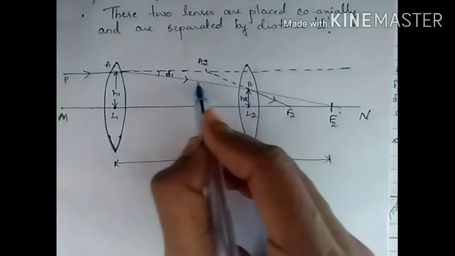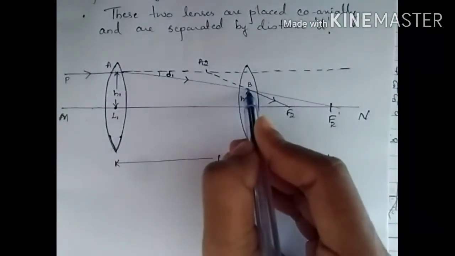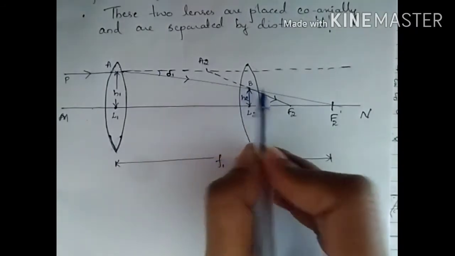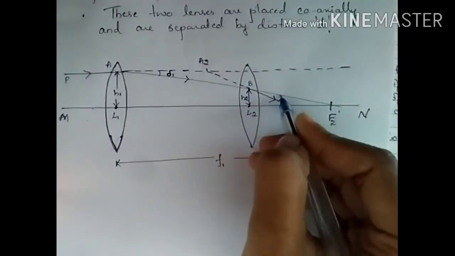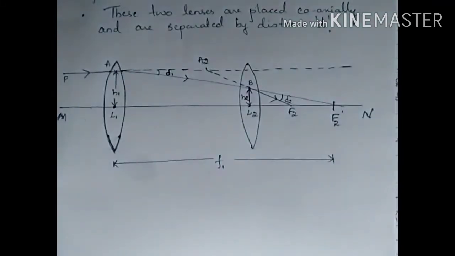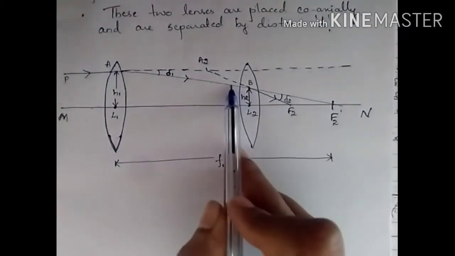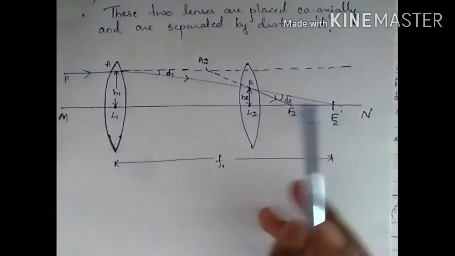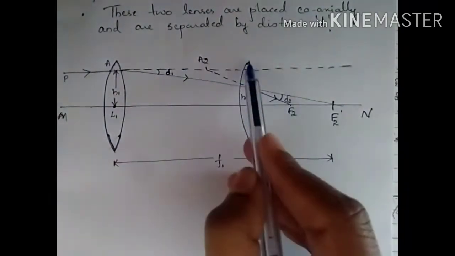AB is the incident ray for the second lens, so there is another angle here, delta 2, the deviation for the second lens. This incident ray gets deviated from its path because of the presence of this lens.